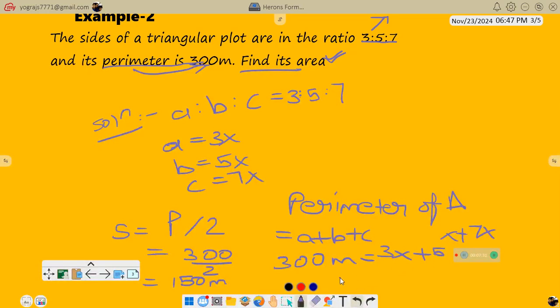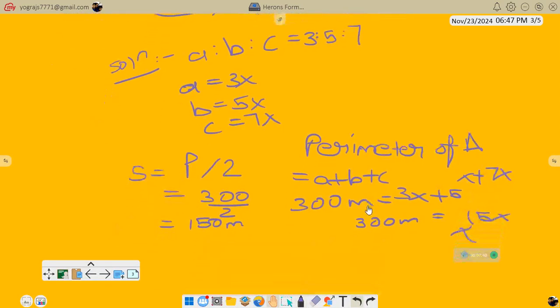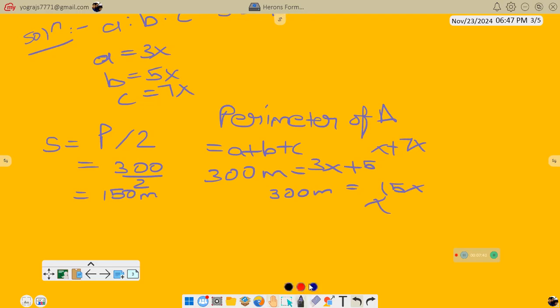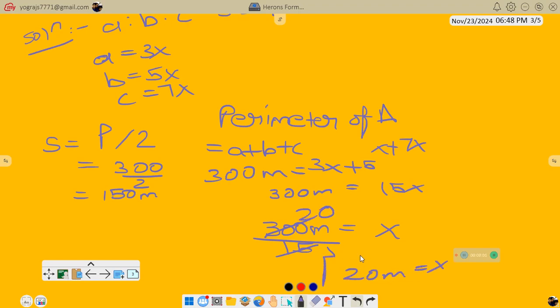After summing all these, 300 meter equals 15x. Now x equals 300 meter by 15. We can divide it, it will be 20 meter. 20 meter equals x.